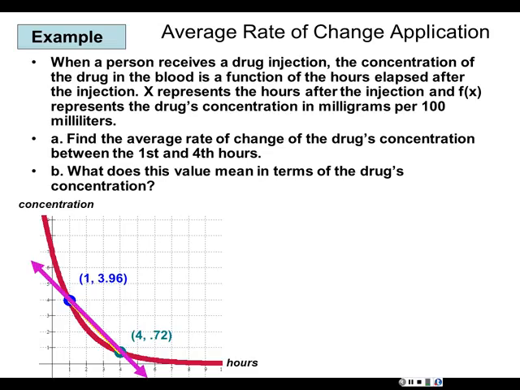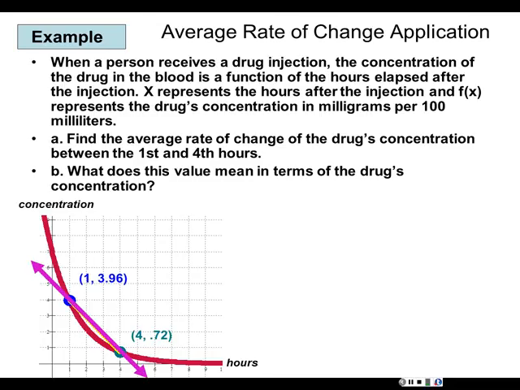Now look at questions A and B. In question A, we want to find the average rate of change of the drug concentration between the first and fourth hour. Remember, we are just trying to find the rate, not the amount, because we already know the amount from here. Let's say these are all milligrams.